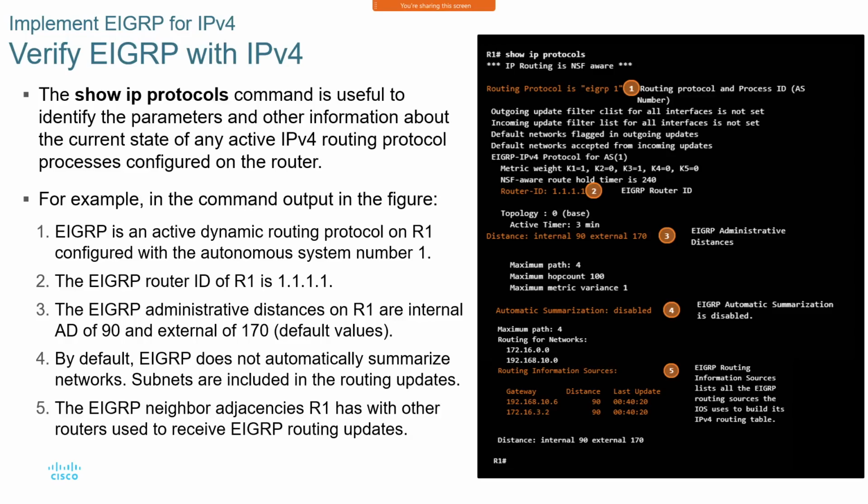So the lowest one will be the one that will always be chosen and the one that will be installed. So if we have all these routing protocols running, the one that is going to actually tell us where to go will be EIGRP, because EIGRP has the lowest administrative distance. So the administrative distance will tell us which routing protocol we should trust more.